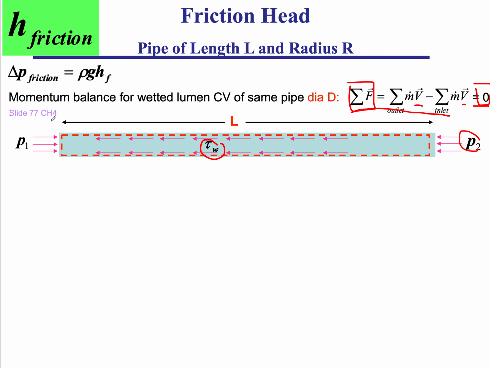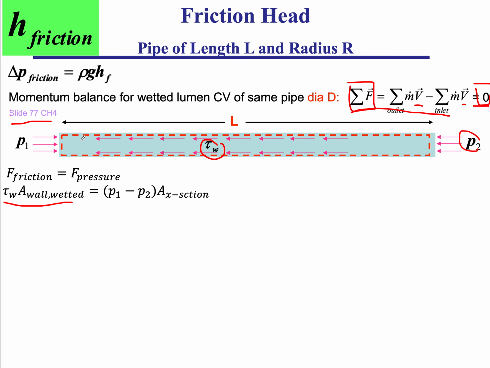And we have actually looked at this in detail in slide 77 when we were talking about chapter 4. So the friction force will be balanced by the pressure force. And now the friction is due to the shear stress, so it's just the shear stress multiplied by the area. But it is this area on which the shear stress acts. It's actually the lumen area.